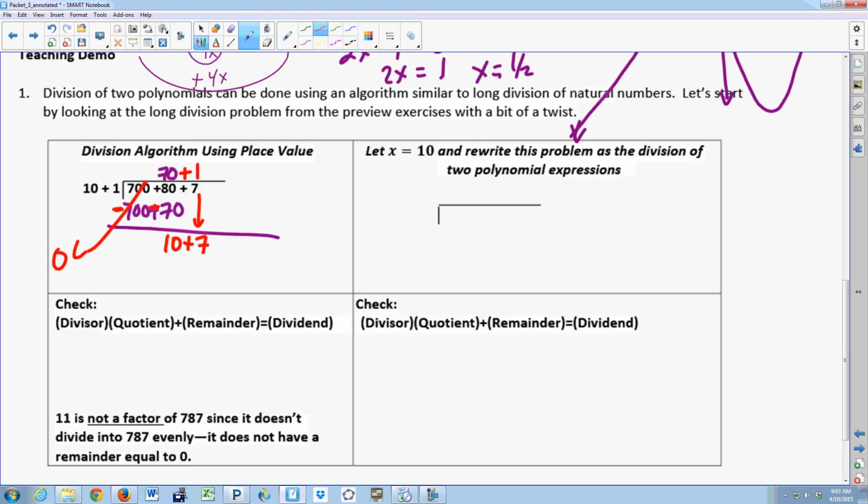Now I take 1 and I multiply it by 10 plus 1, and I get 10 plus 1. Now I have to subtract both of them, both the tens place and the ones place. So I subtract the 10 and I subtract that 1. This gives me 0. And what am I left with? My remainder. Okay, so my answer is 70 plus 1 plus 6 over 10 plus 1.